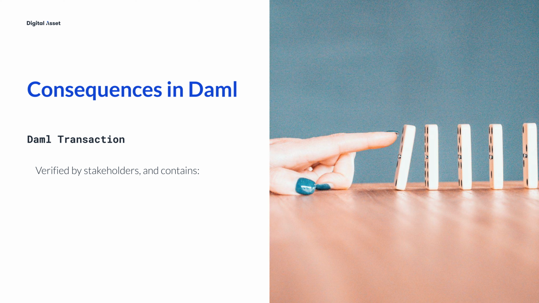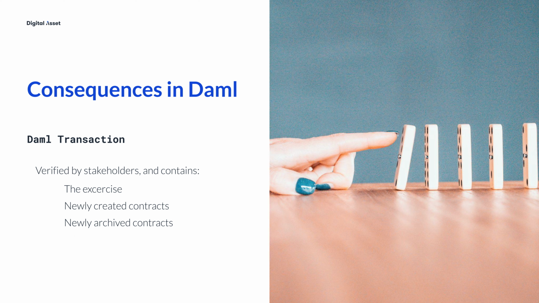Without going into too much detail, a DAML transaction contains the exercise, which choice was exercised, on which contract, by which party, new active contracts that were created as a result of the choice, and previously active contracts now inactive as a result of the choice. We call this archiving the contract.